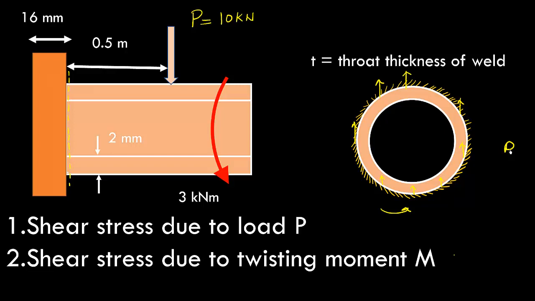Now another shear stress that will be generated is because of the twisting moment M, that is in this case M equals 3 kilonewton meter.